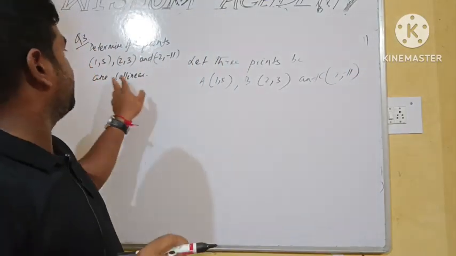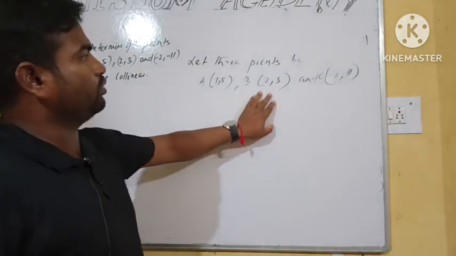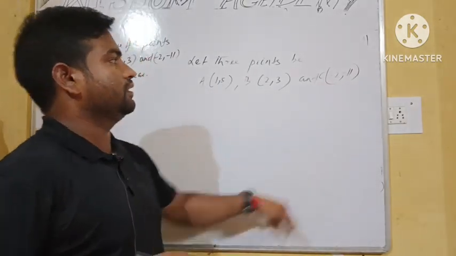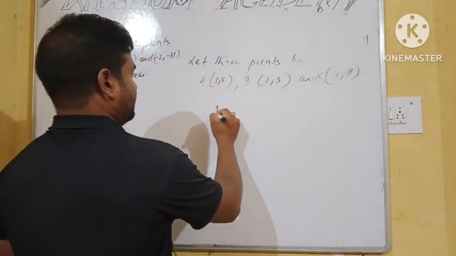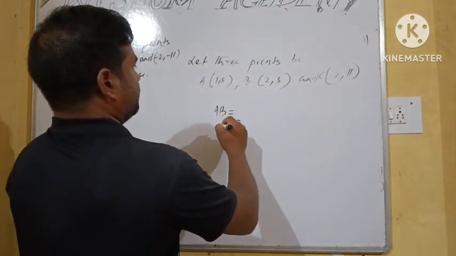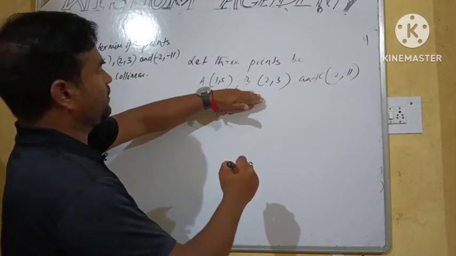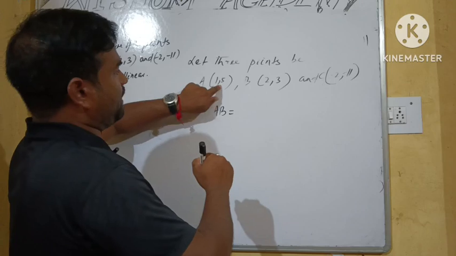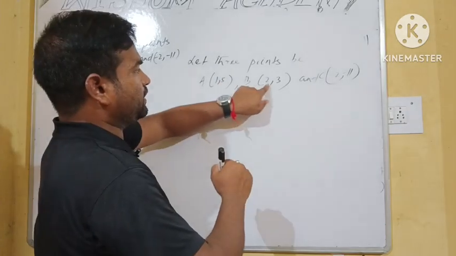Suppose we consider 3 points A (1, 5), B (2, 3) and C (-2, -11). Then we need to find AB by using the distance formula. The coordinate of A is (1, 5) and the coordinate of B is (2, 3).